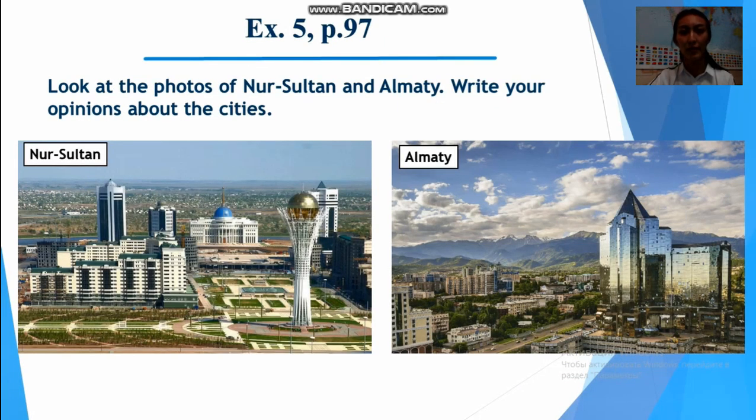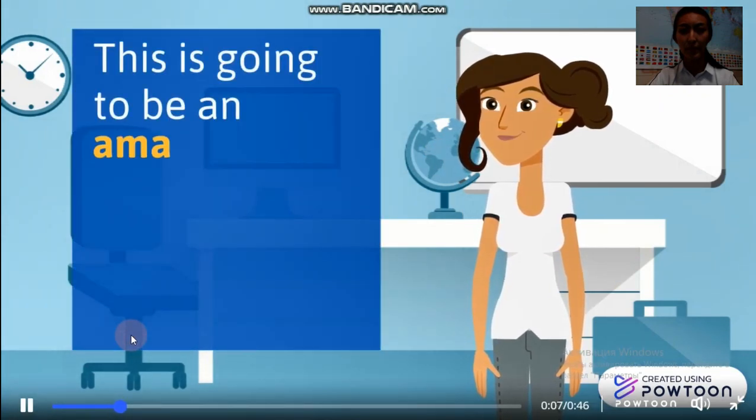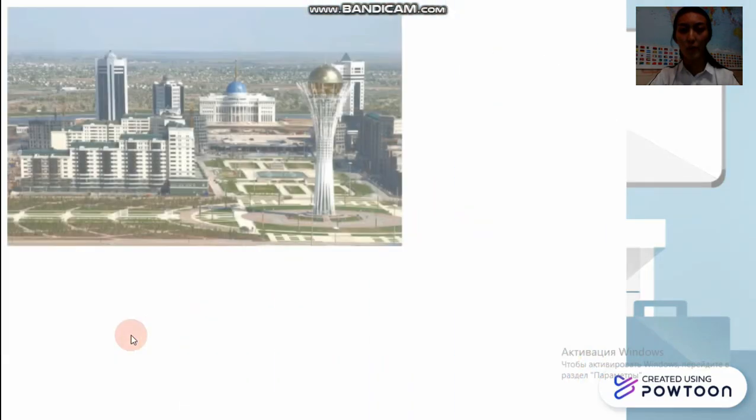The next task, according to exercise 5, you should look at the photos of Nur Sultan and Almaty. This is going to be an amazing, incredible task about our main cities.